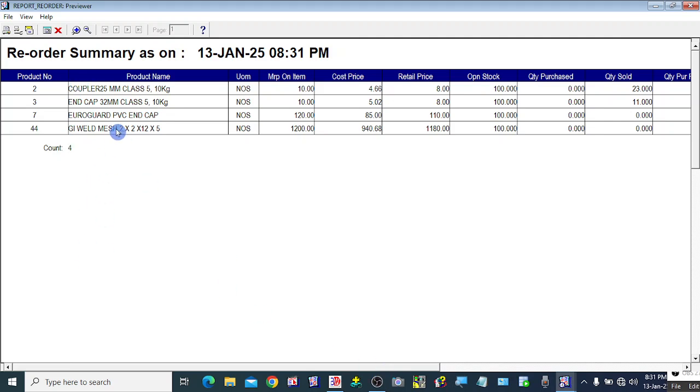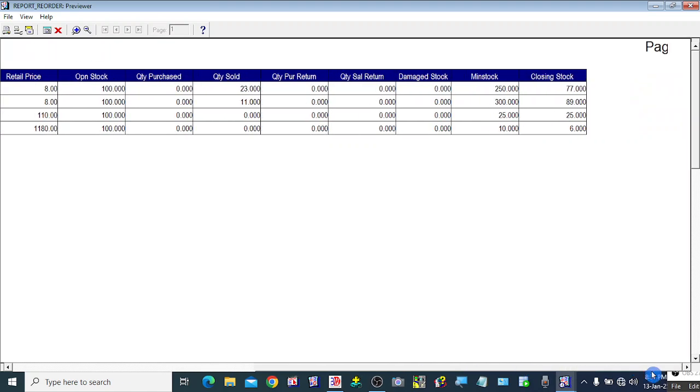Here we can see in this report reorder summary. As on today's date, there are 4 products that reached the minimum stock level we have set up. For the first item, the minimum stock level we have set up is 250, and at the moment the closing stock is 77 only in the physical stock.